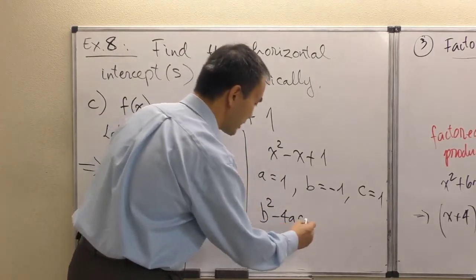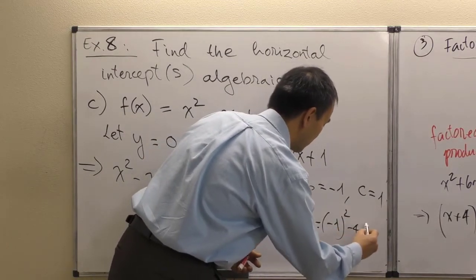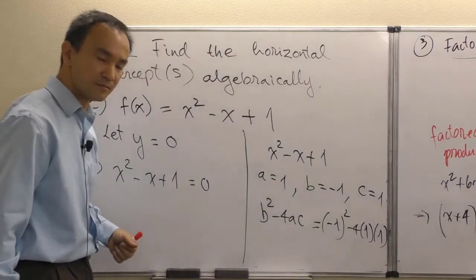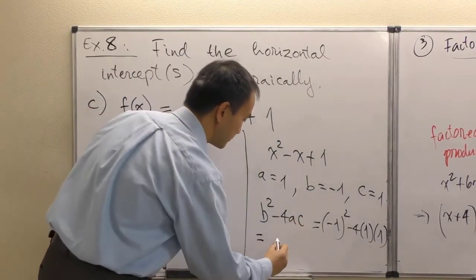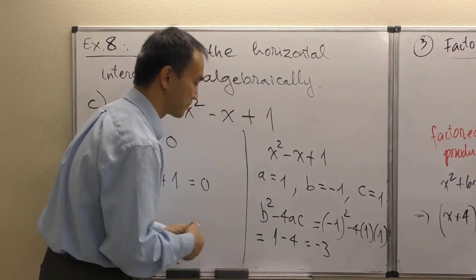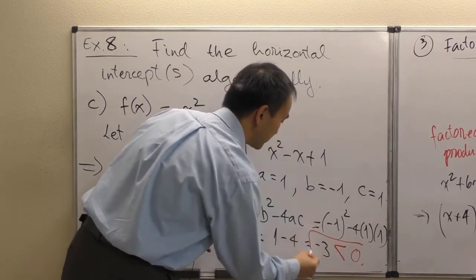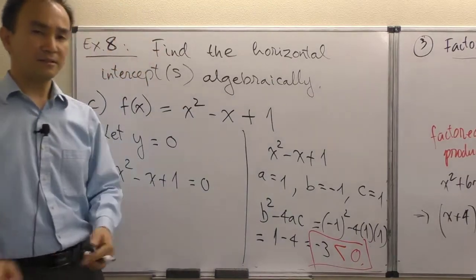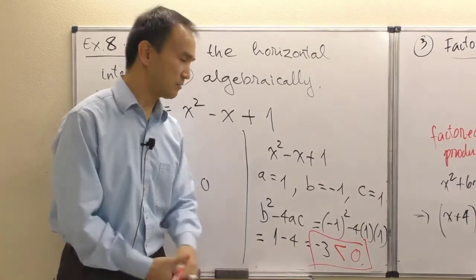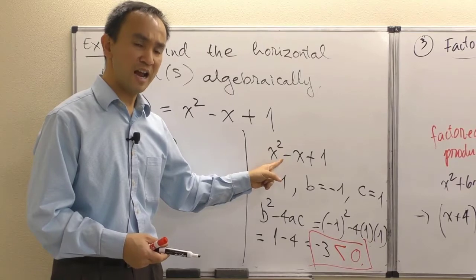B squared is 1, minus 4 times a times c, gives 1 minus 4, which is -3. It gives a negative value. This is a sign telling me that, on paper and pencil, without looking at the graph, this quadratic will not have a factor form.